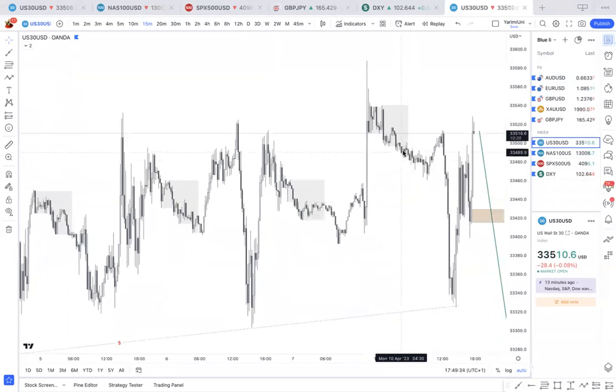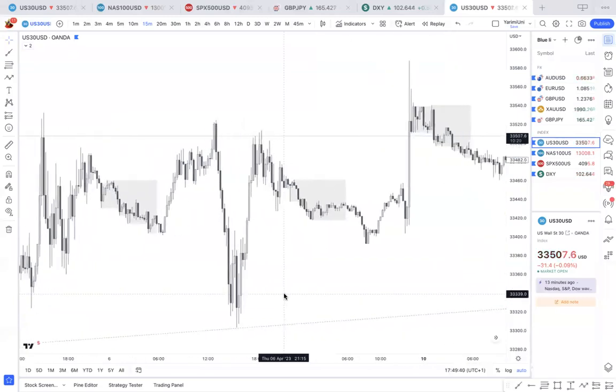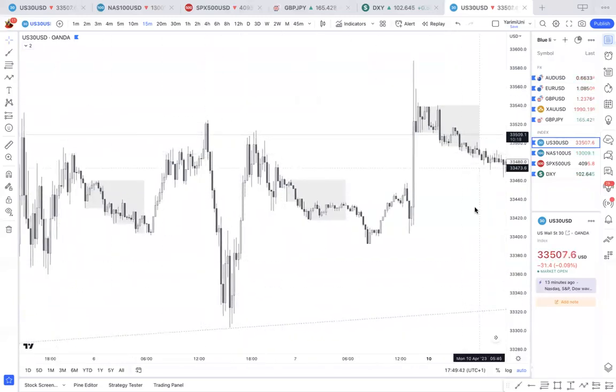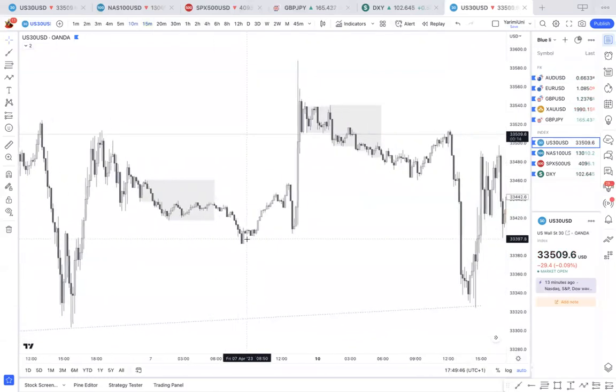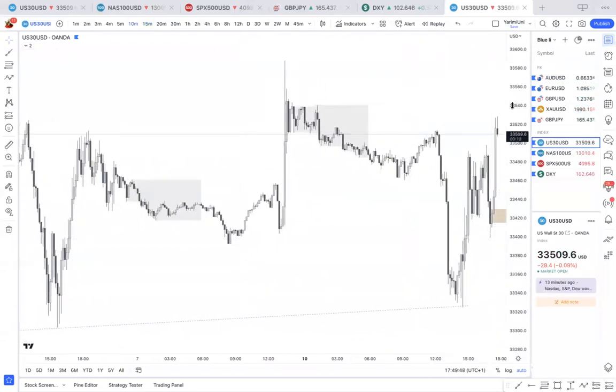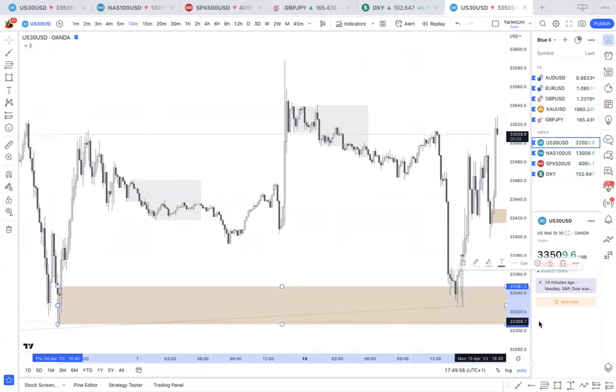So from market open from here, what we would have waited for, as you can see, is price took the low. It's tapped into this demand area here. And then price has literally accumulated, changed character, and literally gone bullish now, as you can see.